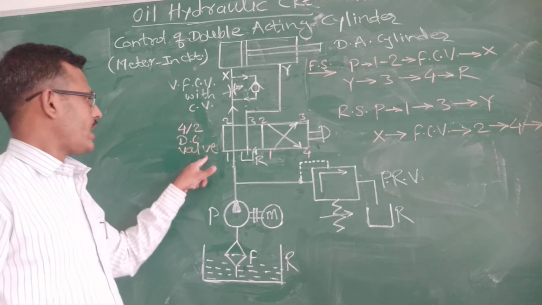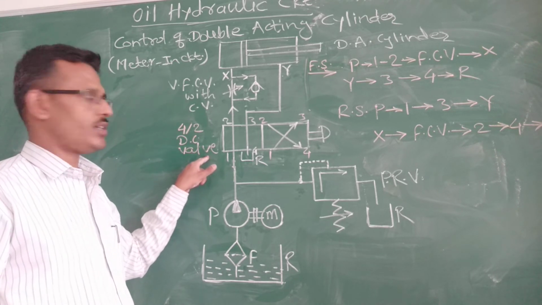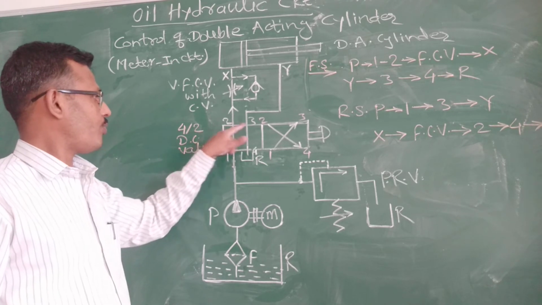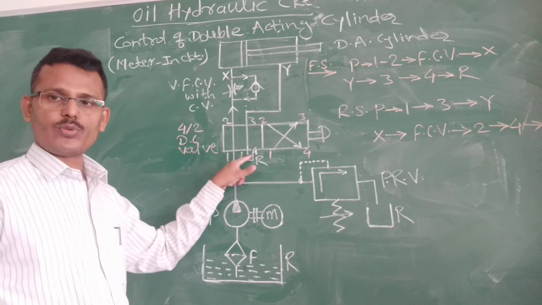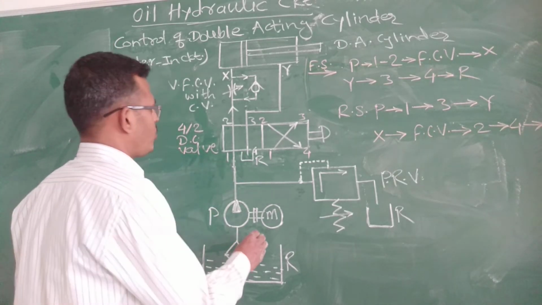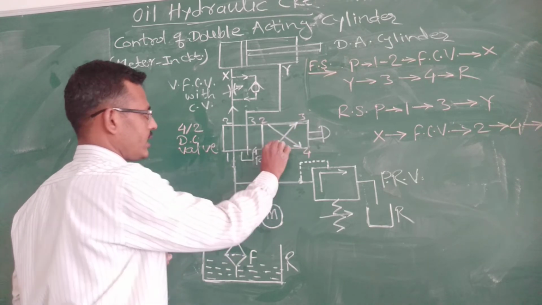So why is this direction valve called a 4x2 direction control? Because here there are 4 ports: port 1, port 2, port 3 and port 4. That's why it is called 4 ports and 2 positions. One block means one position, and this is the other block, that is the second position.